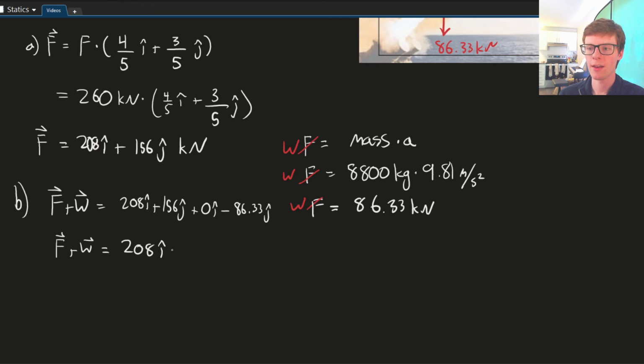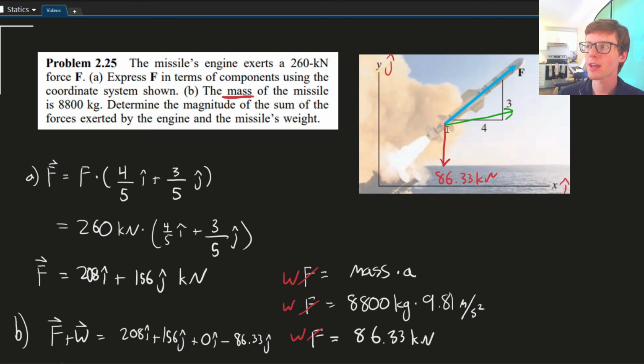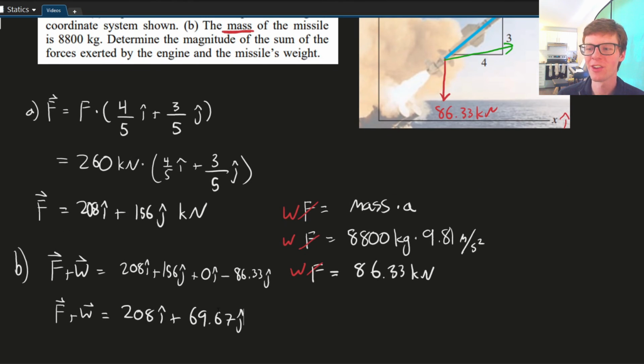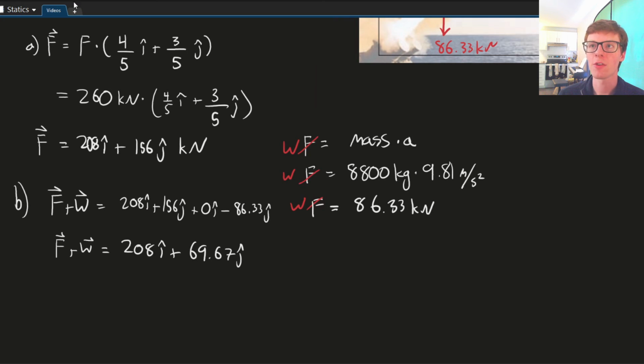So F plus W is going to be equal to 208 I hat plus 69.67 J hat. Now, intuitively, we can check this. This is a missile, and it looks like it's going up. So our J component should be positive, which it is. So that's just an intuition check. Now, in order to find the magnitude of the combined vectors, we need to do the same approach as we just did above.